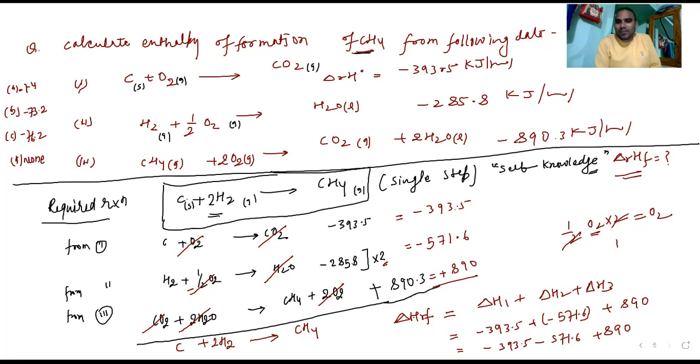Addition will be like 1, 5, 5... 965.1. Plus minus, it is minus 571.6, and then 890.